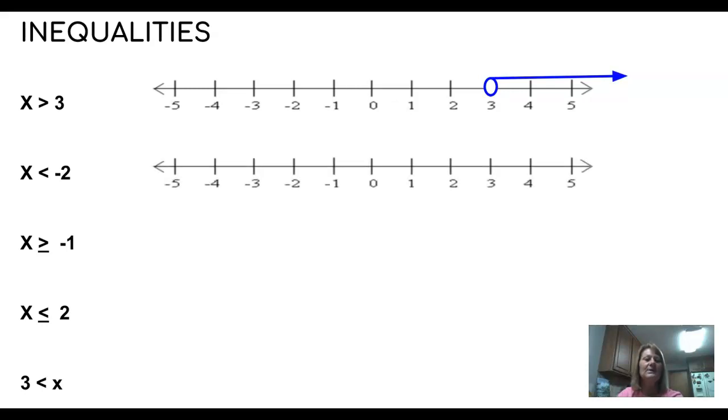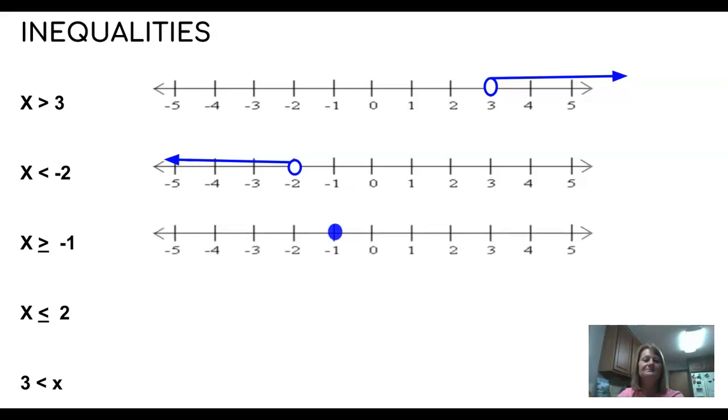Our next one that we're going to have is less than negative 2. Again, less than is the open circle. And it is less than negative 2, meaning that it's going to the left, because all less thans will go left, all greater thans will go right. And then we have greater than or equal to, and the difference there is that you have the closed or solid dot at negative 1, and again it is greater than or equal to.